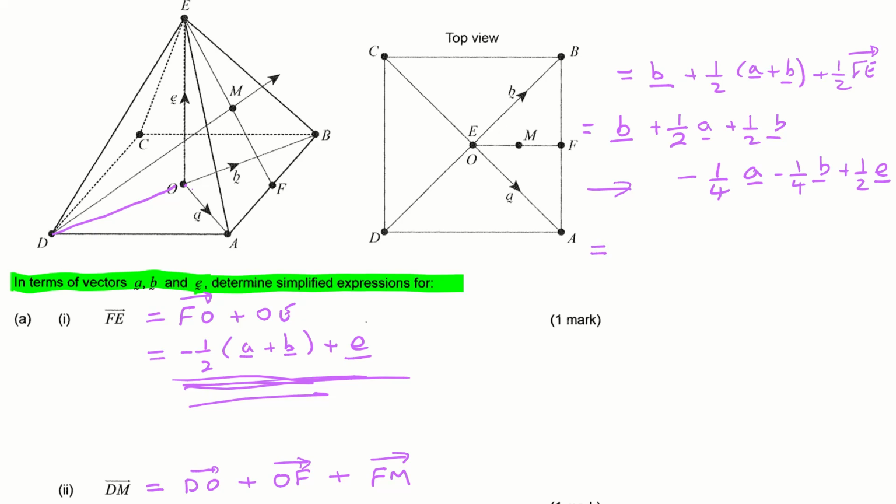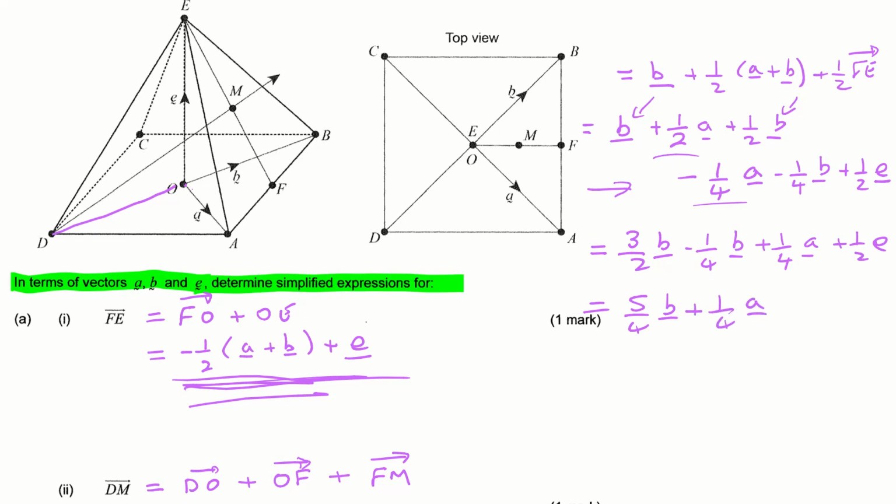So that is going to be 3 over 2 B by adding this one and this one, but we've still got to take away a quarter of B from that. And then we've got half of A take away a quarter of A, so that one is a quarter of A. And we've got the half E. And then this is 6 over 4, take away 1 over 4, so 5 over 4 B plus 1/4 A plus a half E.